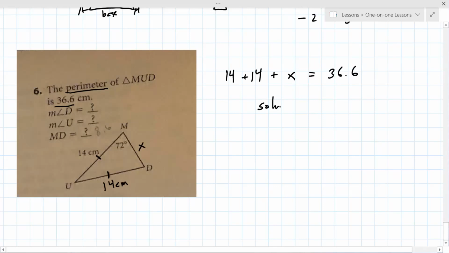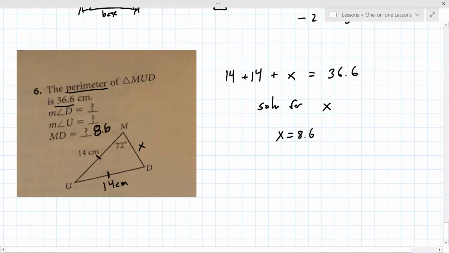I'd like you to solve for x. Does x equal 8.6? It sure does. So x is 8.6. And it's already written in there for you, so that's pretty helpful.